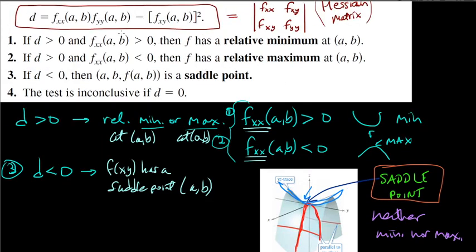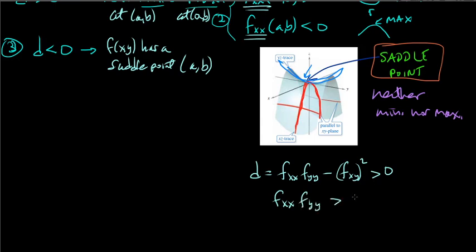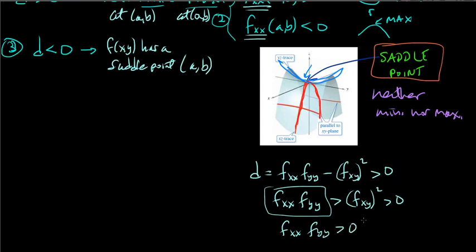Maybe I should explain that. It has to do with D. Remember, D is fxx times fyy minus fxy squared. If this is positive, it tells you that fxx times fyy is greater than fxy squared. But fxy squared is already positive, so the product fxx times fyy has to be positive.